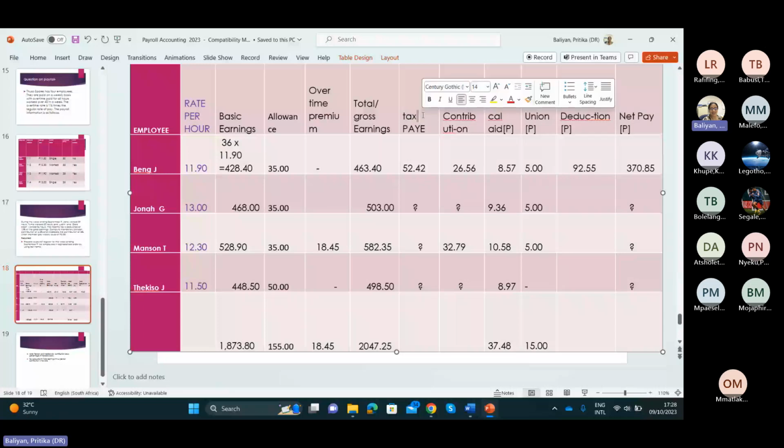Do you understand how we calculate this amount of pay as you earn? Does everybody understand? Yes, ma'am.